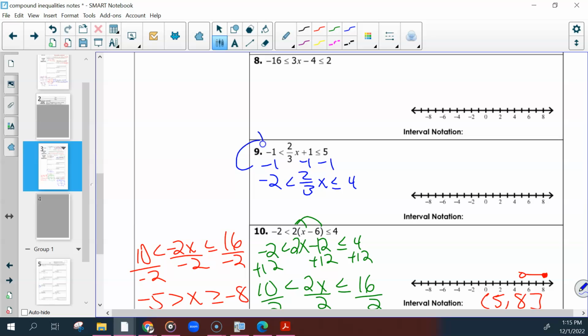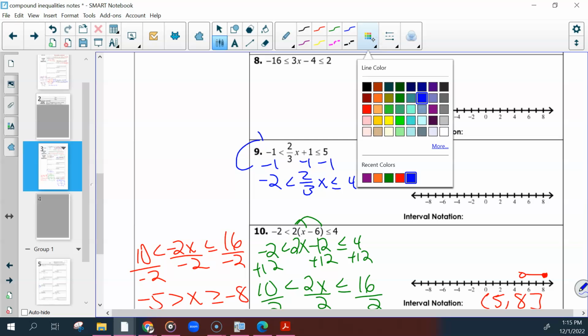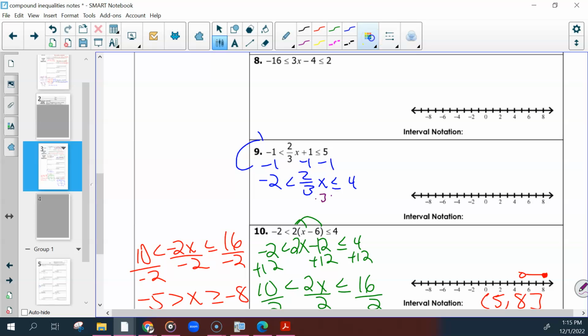We could divide, but instead of doing that, what else would we do? Multiply by the opposite? Yes, the reciprocal. Take it, flip it, and multiply that on both sides. Thank you.